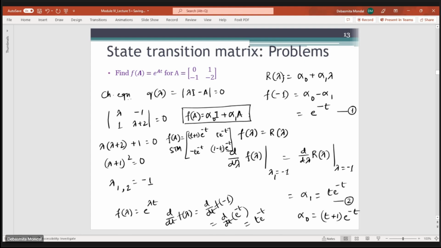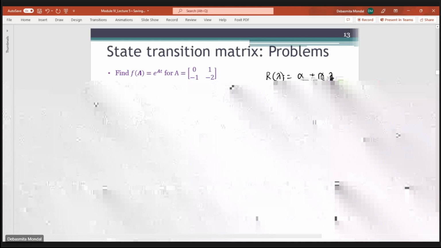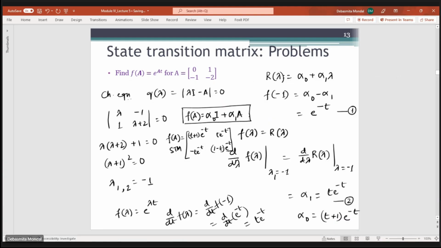So using this Cayley-Hamilton method, you can find the state transition matrix for a given system. If your system is a large system, then computing the state transition matrix using the Cayley-Hamilton method becomes much easier.